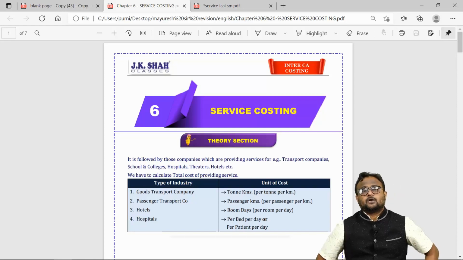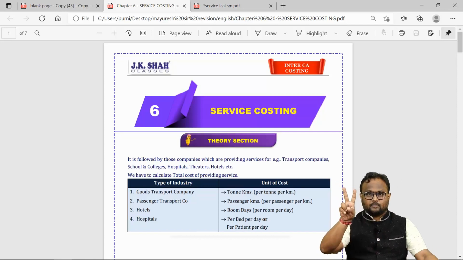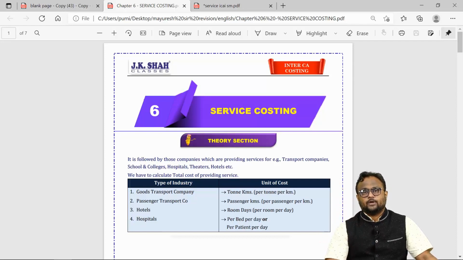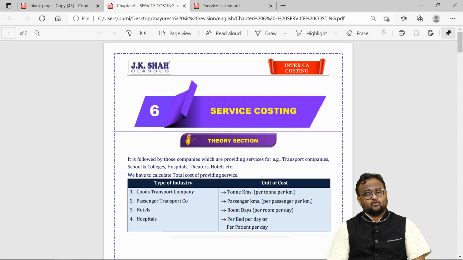If it is a theater, it is per person per show. So basically, two different bases are to be used when it comes to selling price determination and cost determination in case of a service sector. So guys, how do we go about it? How do we manage this?